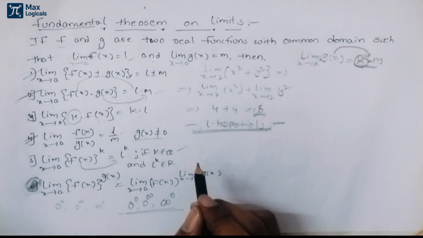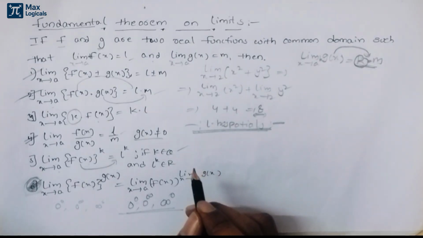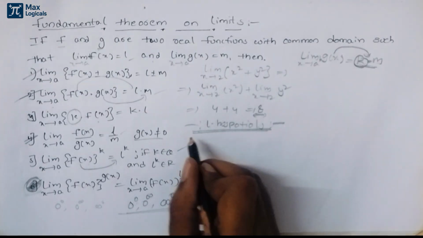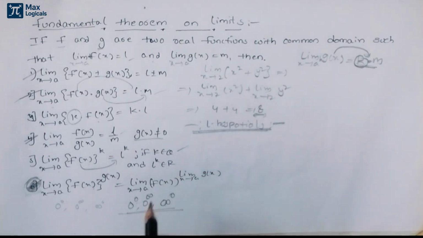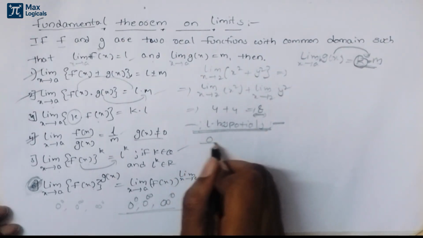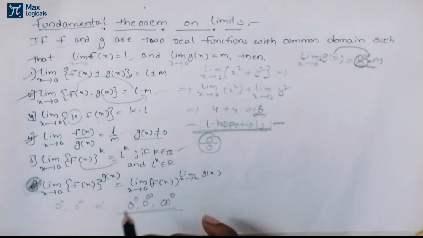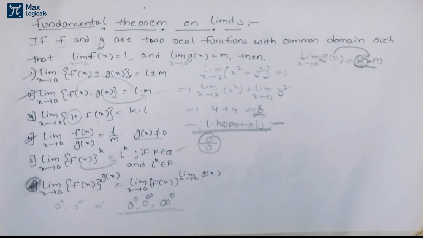First, remember, when we get the limit in 0 by 0 form or indeterminate form, we have to use L'Hospital's rule to find the limit.